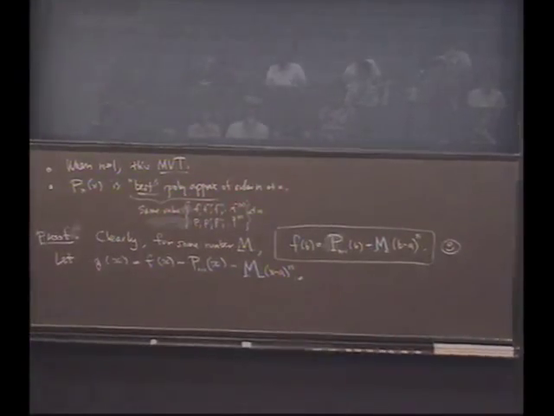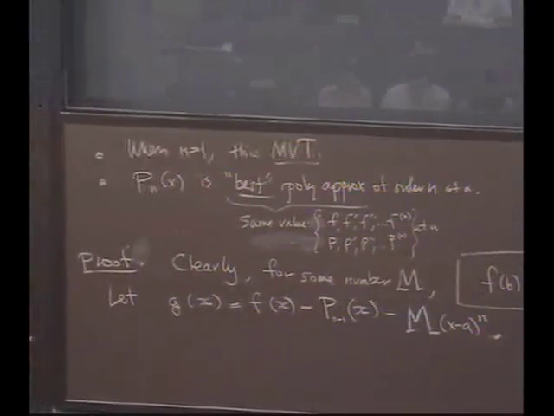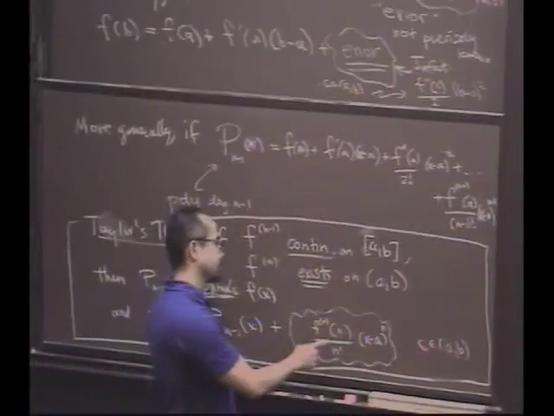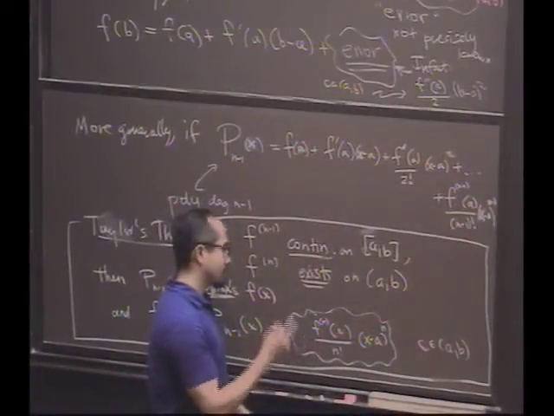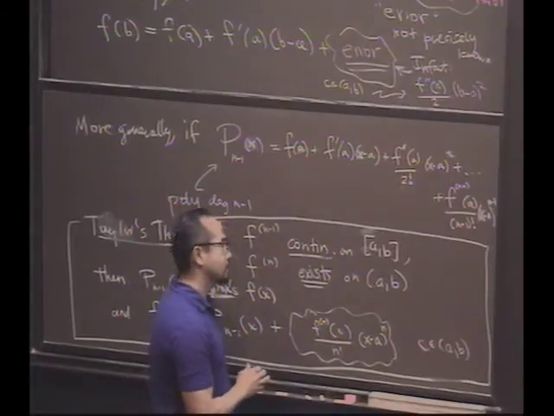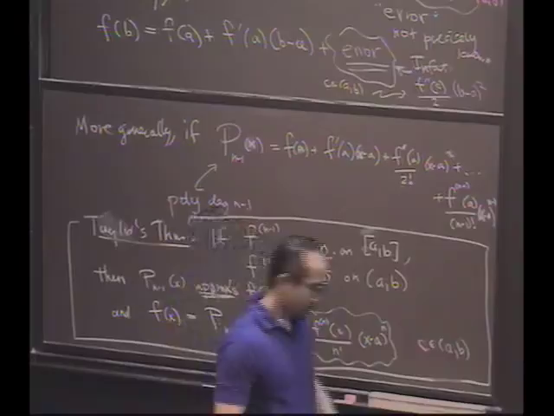Okay? And what am I hoping? I mean, where is this headed? Well, it would be nice if I could show that g of x were 0 somewhere, yes? And maybe m was this coefficient, right? It would be nice.